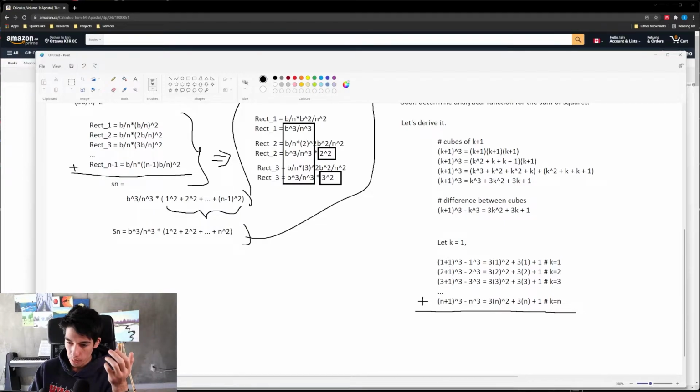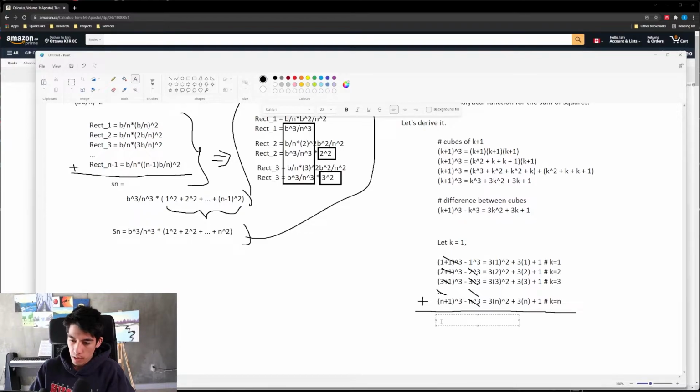So these terms negate one another. Like this one negates this one negates the one that would be here, and then this one would negate the one that's here.